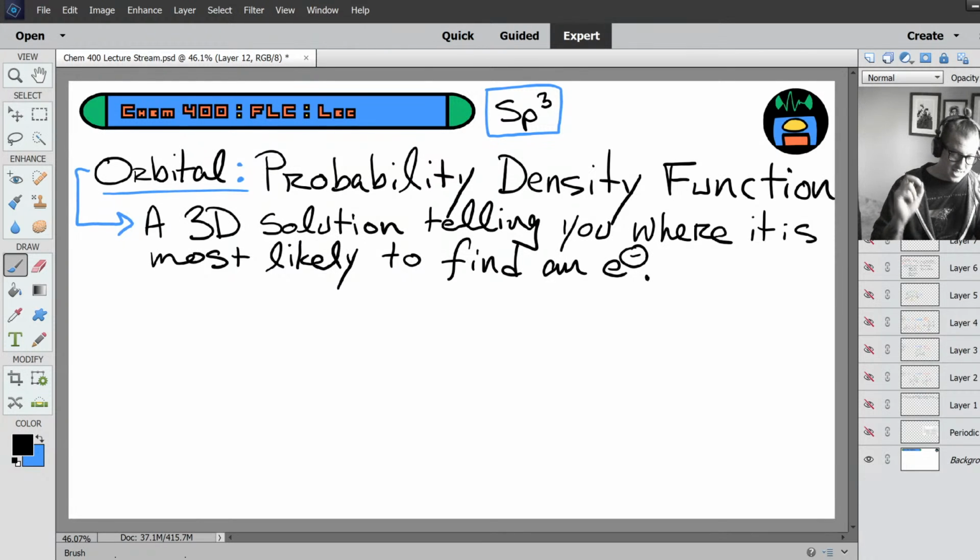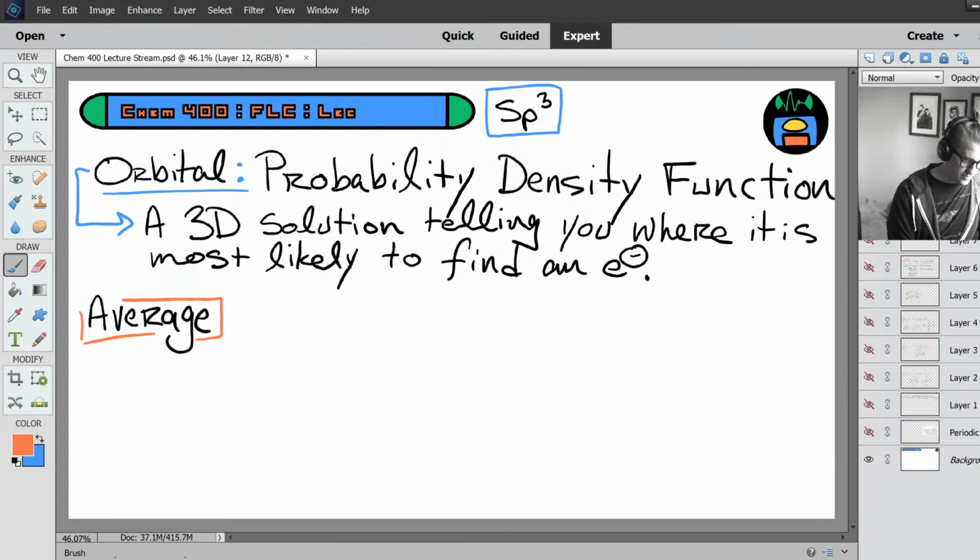Let's take an average. And I'm going to represent some very sophisticated mathematics, some three-dimensional calculus, with a very pictorial representation. But what they did is they took those functions for the orbitals and took an average.